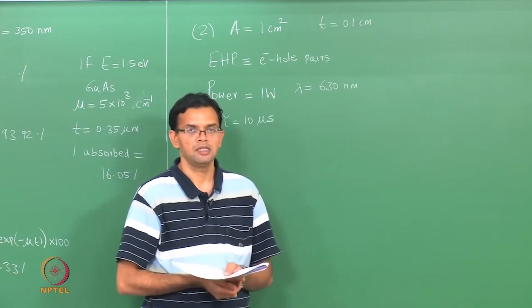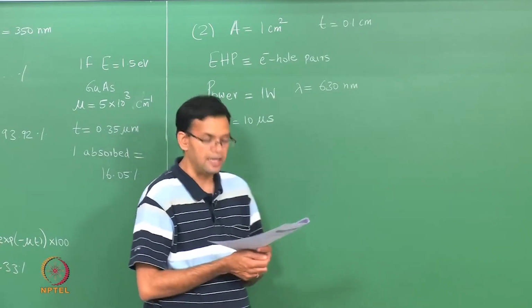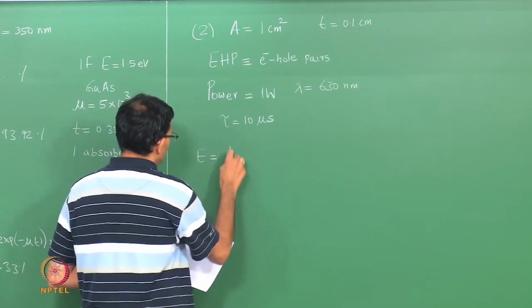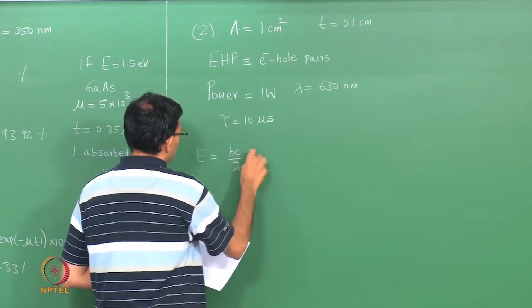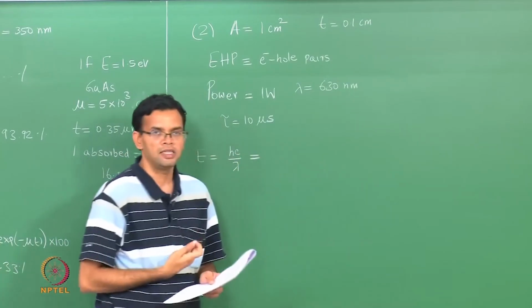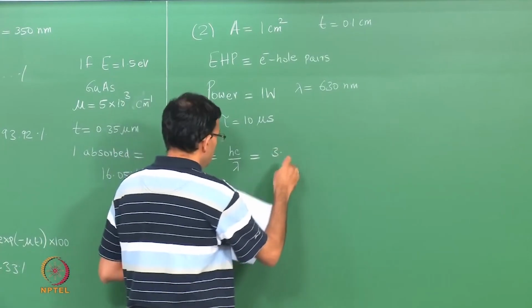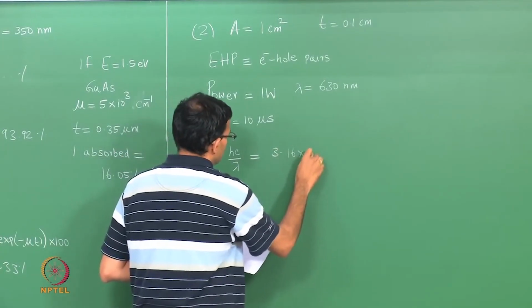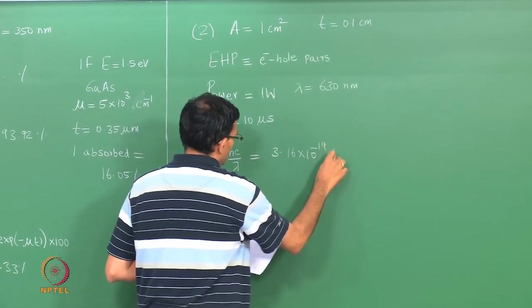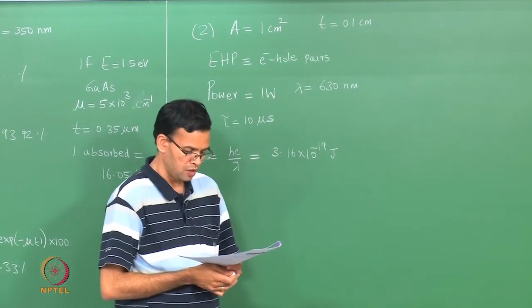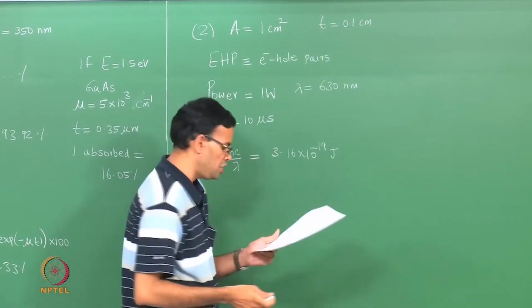So, we have light of wavelength 630 nanometers. So, the first thing is to calculate the energy. Energy is nothing but hc over lambda. This works out to be 3.16 times 10 to the minus 19 joules. So, we also know the intensity of the light.